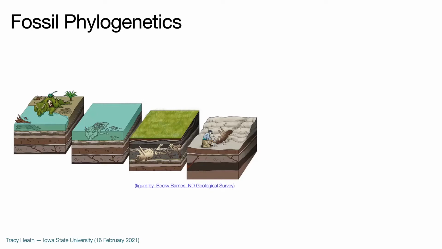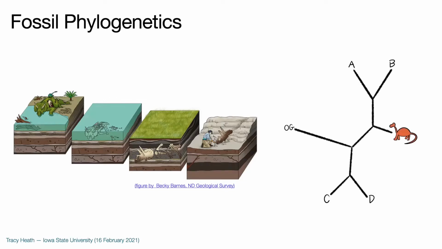With this information, we can use phylogenetic methods to understand how fossils are related to other taxa recovered from the fossil record, as well as to taxa that are present today. This cartoon just shows an unrooted phylogeny of a tree with a single fossil species and 5 other taxa, including an outgroup.